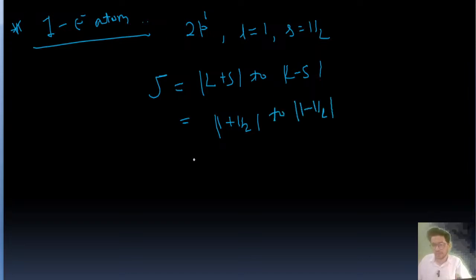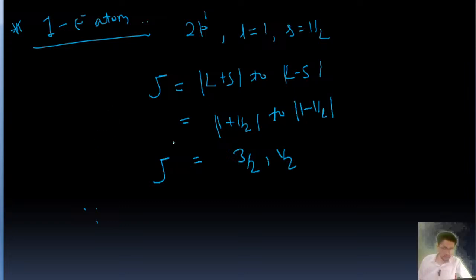This is 3 by 2, comma 1 by 2. So this is the value of J.